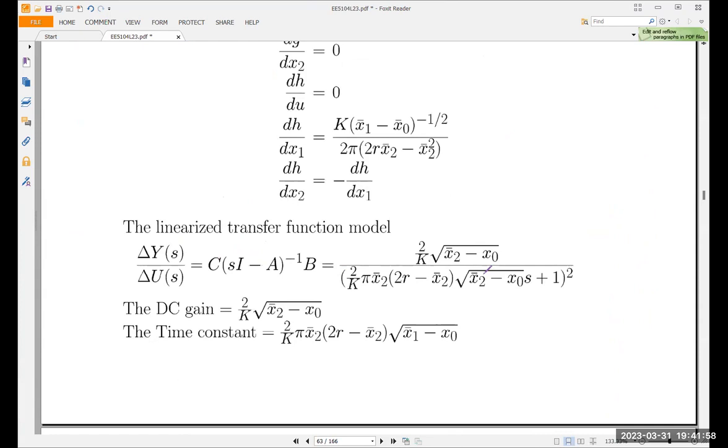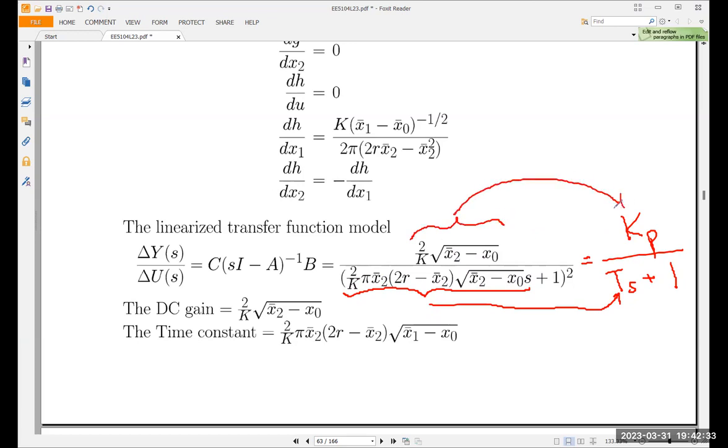Then you can see it's quite standard. In control, we always like to write things like, you can see there's an S here. So we like to call this KP over TS plus something. You see, this thing here is your T. This thing here is your gain, KP.